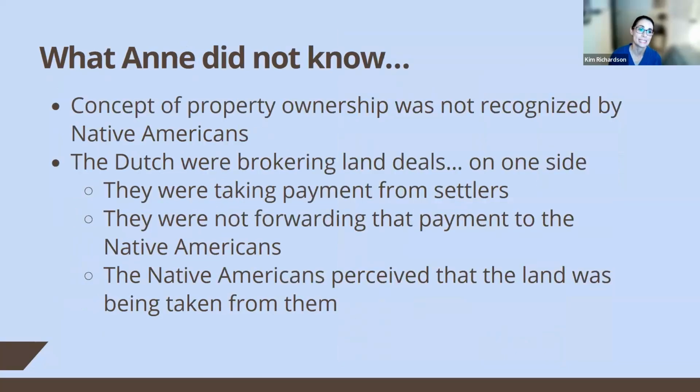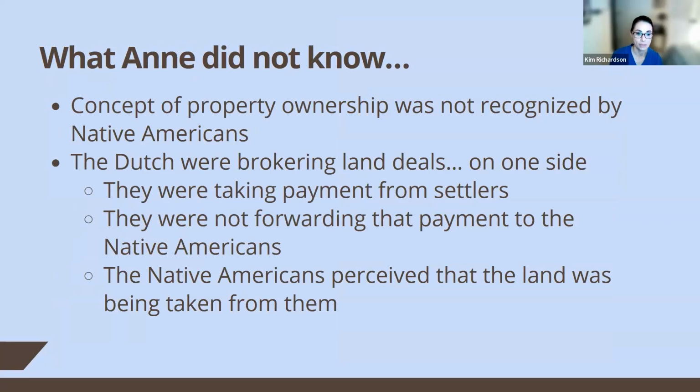But what Anne didn't know was that the Native Americans who lived there did not agree to sell her that land. The Dutch had a habit of brokering deals on one side. They were taking money from settlers for pieces of land that they represented as being sold by Native Americans to the settlers, but they weren't completing that deal with the Native Americans.